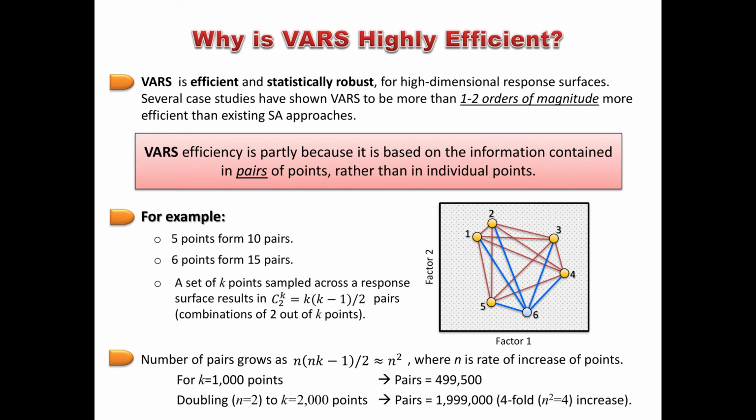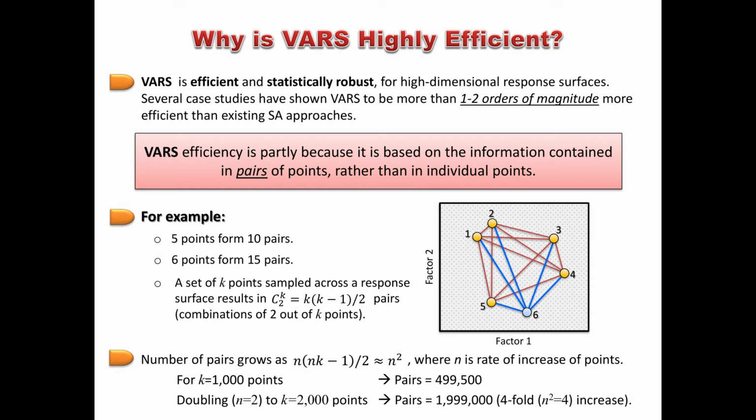And as you know, you can easily collect many pairs in a parameter space. For example, when you have only two parameters, parameter 1 and parameter 2, with 5 points, you collect 10 pairs, right? And by adding just one more point, you collect 5 more pairs.